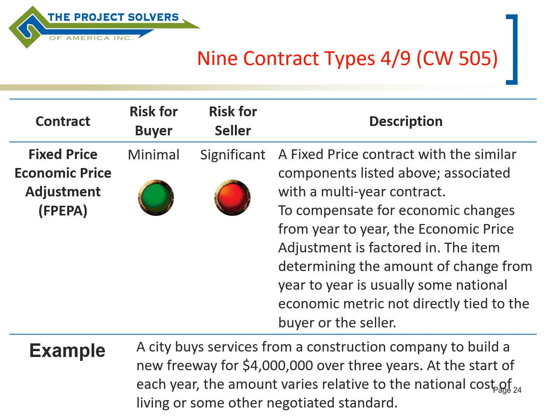So if we were to talk about that freeway, putting that freeway in for $4 million, but then at the beginning of each year, you're going to increase the contract relative to a national cost of living rate or some other negotiated standard. For example, material costs could be rising by a certain amount each year, and so you might want to cover yourself for that.